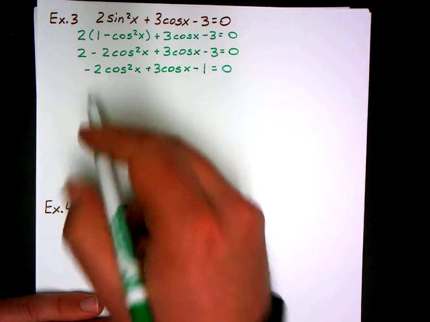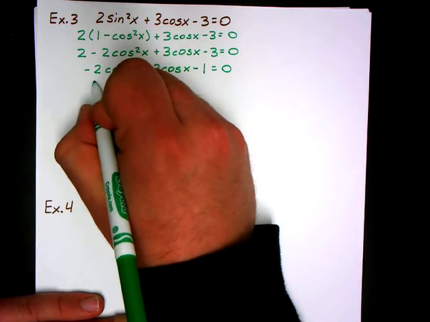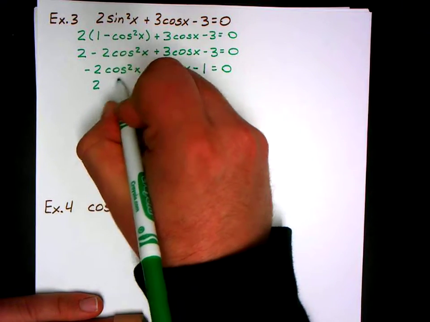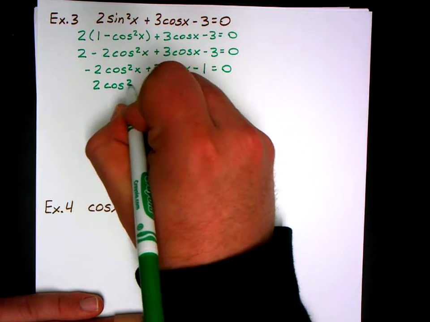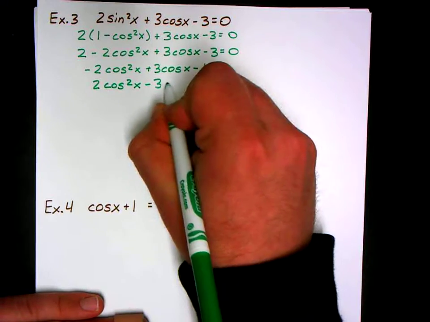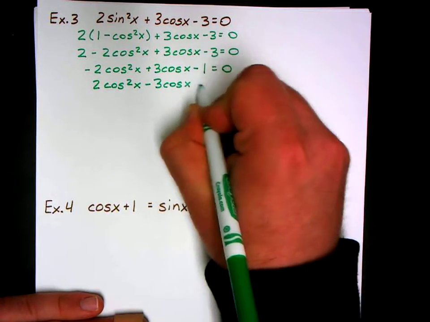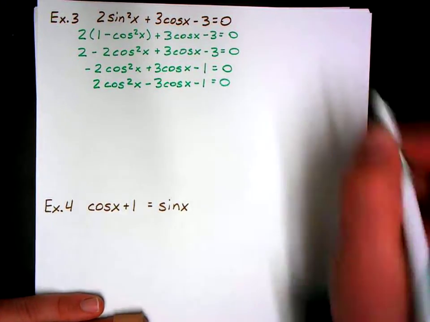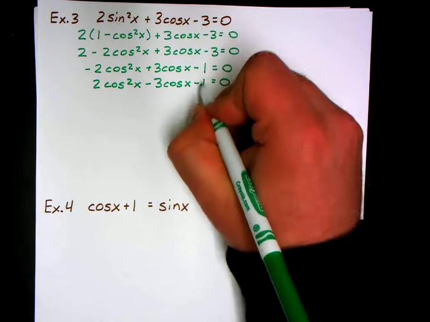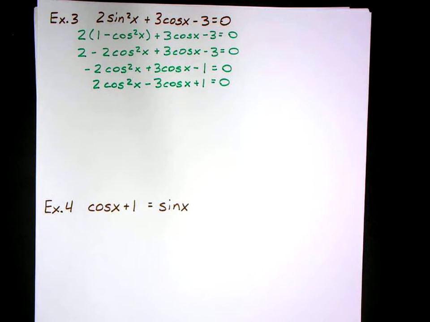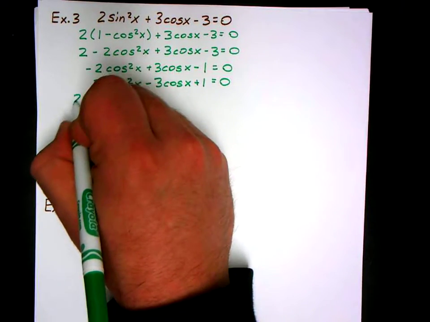All right, and just because I hate factoring with a negative at the front, I'm going to multiply everything by -1. Oops. Helps if I multiply everything by -1. All right, so two numbers that multiply to 2 and add to -3 would be -2 and -1.